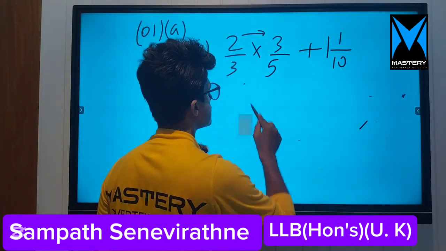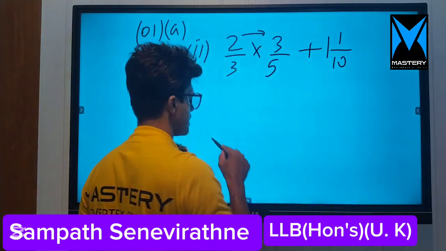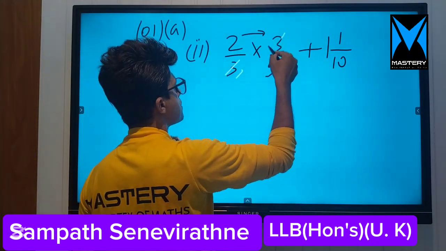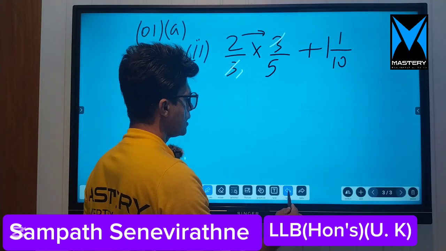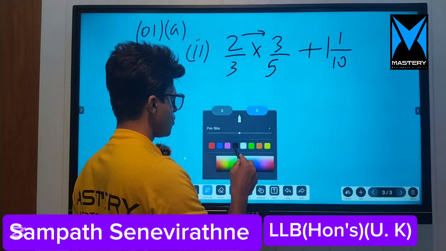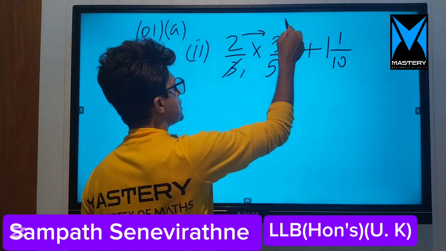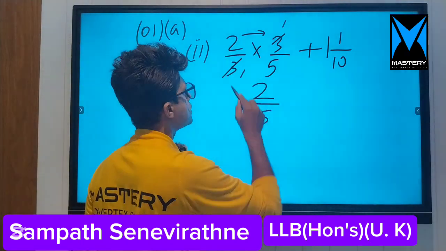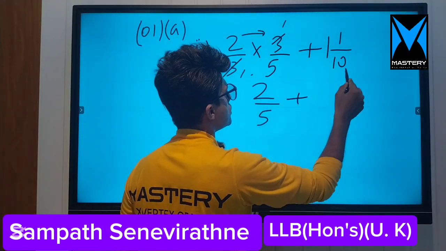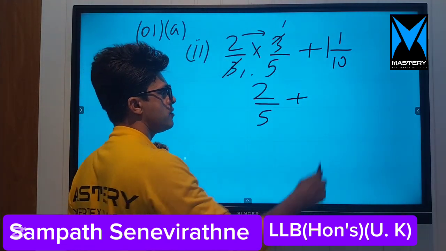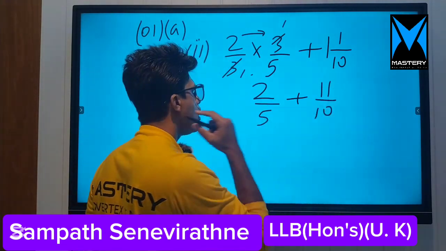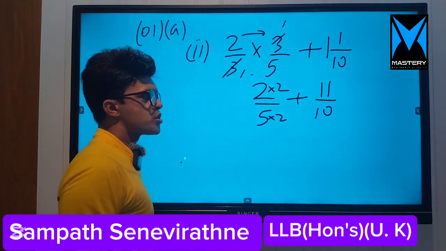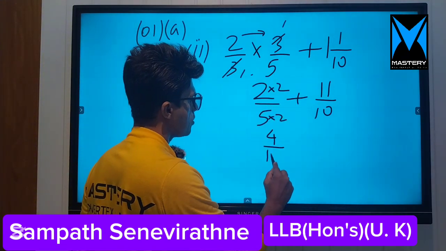Here you see multiplication, and this 3 and this 3 can be cancelled out first. So 2 into 1 is 2, 1 into 5 is 5. 10 into 1, 10 plus 1 is 11, so 11 over 10. Now multiply both sides by 2: 2 times 2 is 4, 5 times 2 is 10.